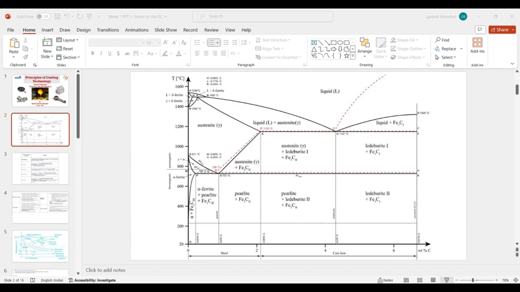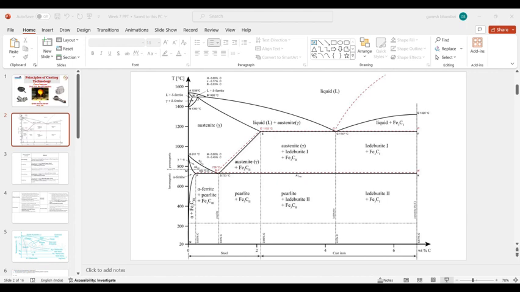One more thing here: in steels, when we talk about phases, we generally talk about three phases mainly. First is the pearlite phase, which is basically alpha ferrite plus cementite in a layered structure. Another phase is austenite.